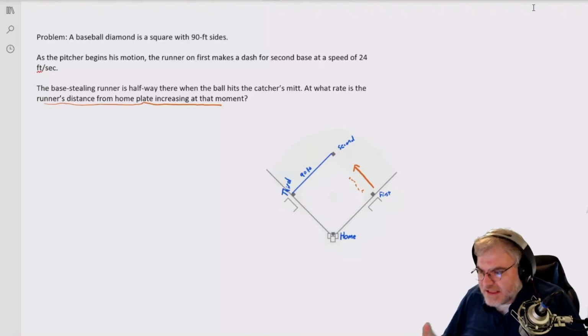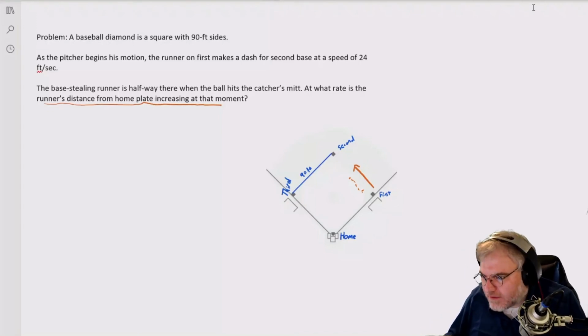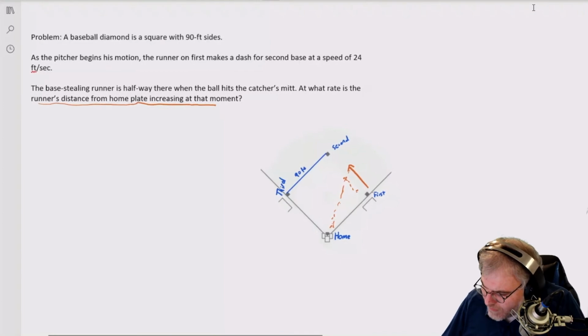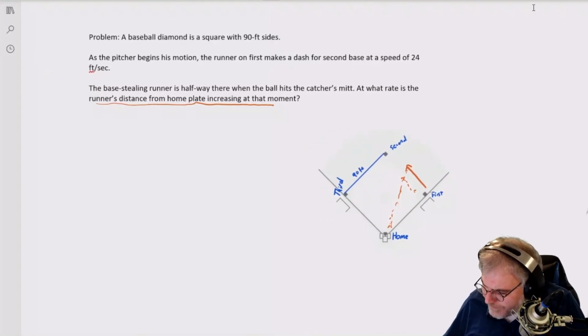It's that velocity that really matters, not the speed of the runner, so to speak. Or at least that's one way to think about it. Not really, but you get the idea. What do you want? It's a math problem, right? So we have this kind of triangle thing going, right? I've got the runner's distance from first to second, the runner's distance from home, the distance from home to the runner, and this edge here.